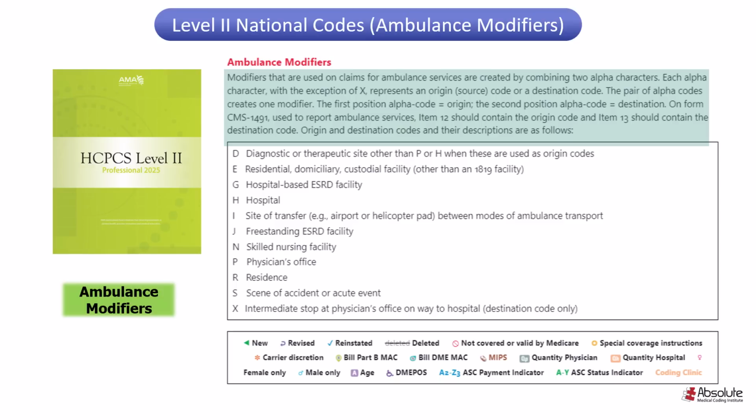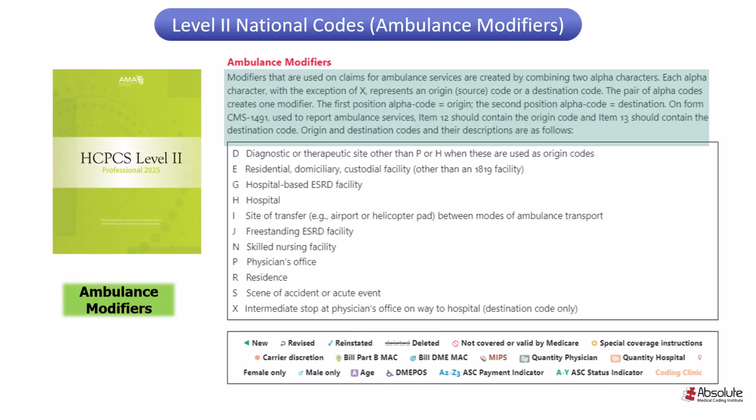All right, so these are your Level 2 ambulance modifiers. D, if D is used, that's for diagnostic or therapeutic site other than P or H. P is physician's office, H, hospital. E, this is residential, domiciliary, custodial facility other than an 1819 facility.